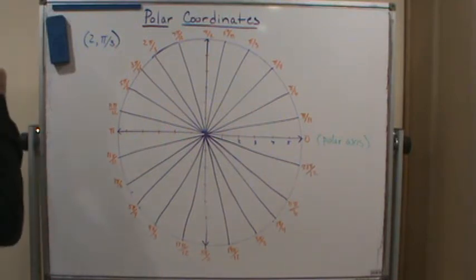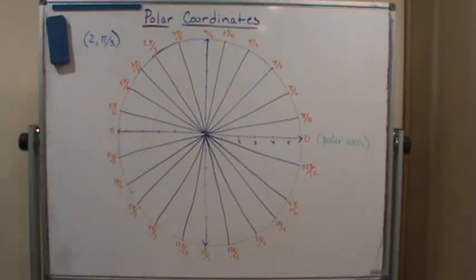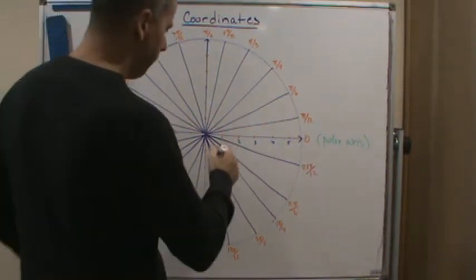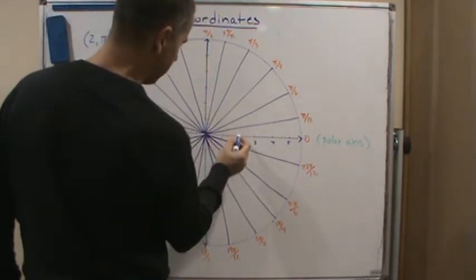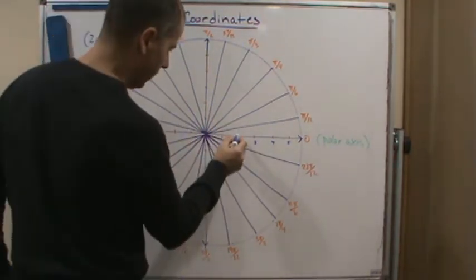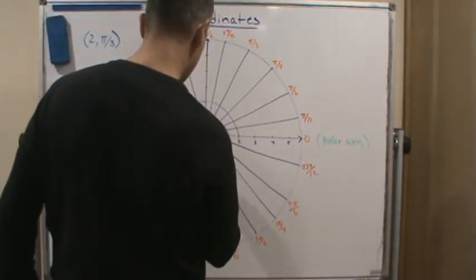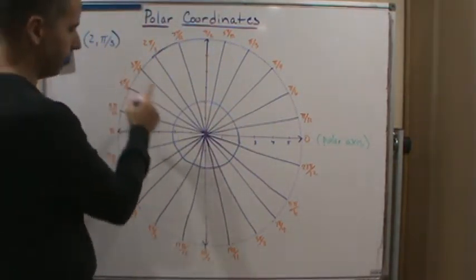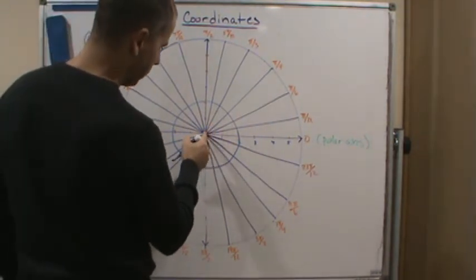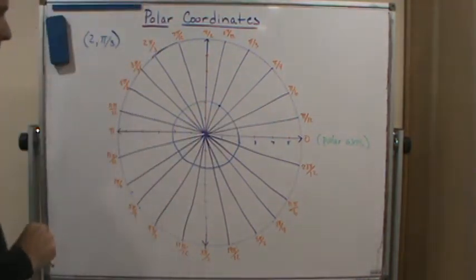Another thing to realize is that if I take the point 2 pi over 3, 2 pi over 3 is right here, approximately. So to draw the circle, 2 pi over 3 would be about there.